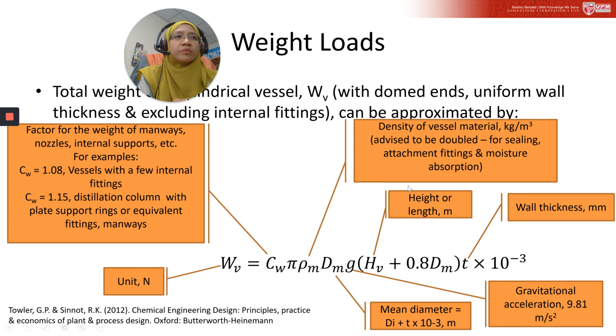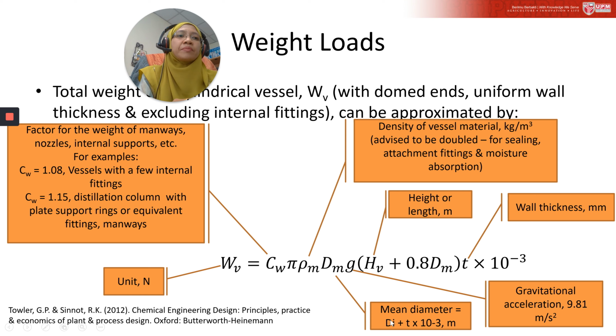And then we need the density of the vessel material. Based on the textbook, it is advised to double it for sealing, attachment fittings, and moisture absorption. Then the height or length in meters, and this is the unit for the density for this equation.